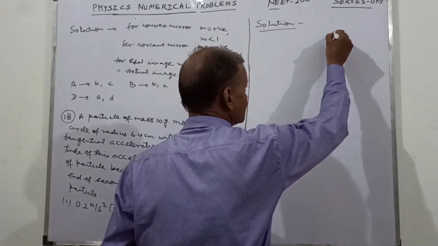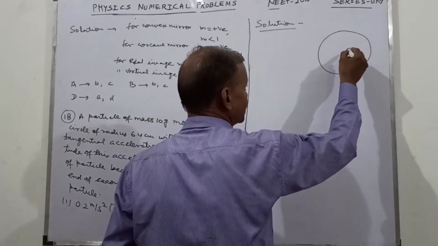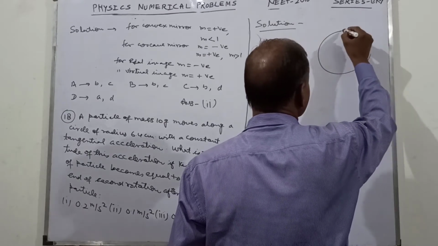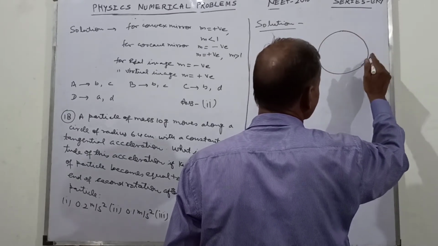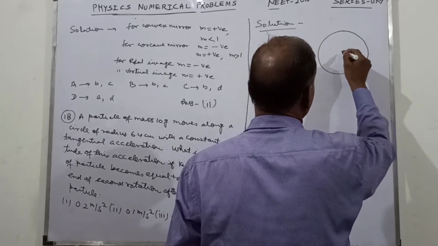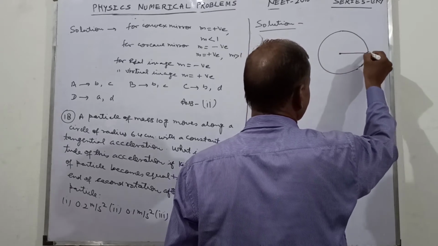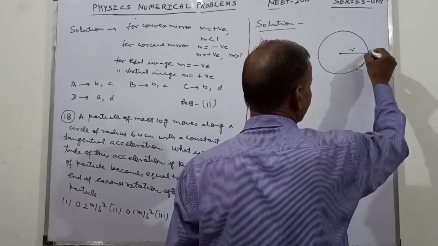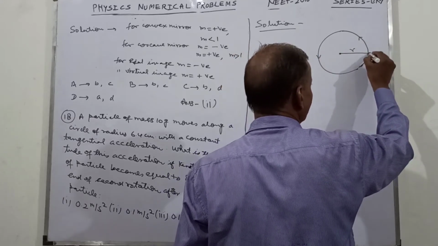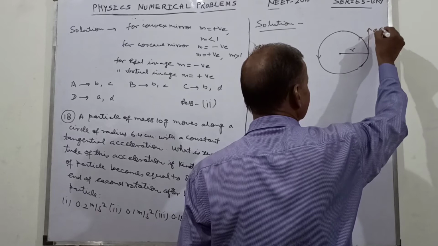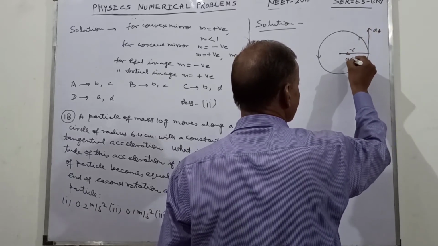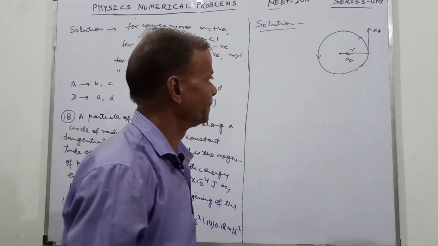Suppose this is a circle of radius r. The particle is moving like this. Here we have the tangential acceleration, this is AT, and on this side we have AC, the centripetal acceleration.